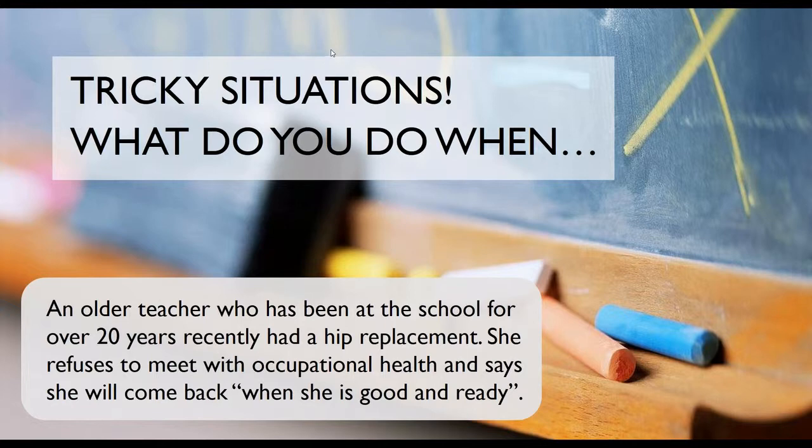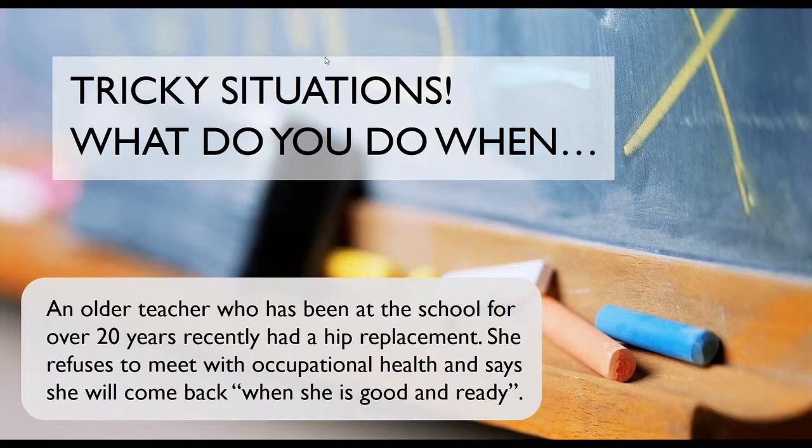And one other option would be to get permission to write to the teacher's GP to find out realistically how long recovery from a hip replacement might take. And the other thing you might want to persuade the teacher is that occupational health can be a real assistance, in the fact that they're not there just to catch the employee out, but to ensure that the teacher is not overloaded with duties on their return to work.